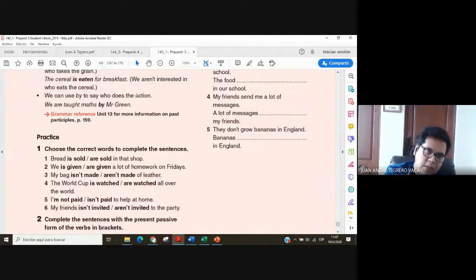If it is singular, it goes with is. If it is plural, it will go with are. Okay, so now take a look at these examples. It says practice. Choose the correct words to complete the sentence. So you have two options there. For example, the first one, it says bread should be is or are.